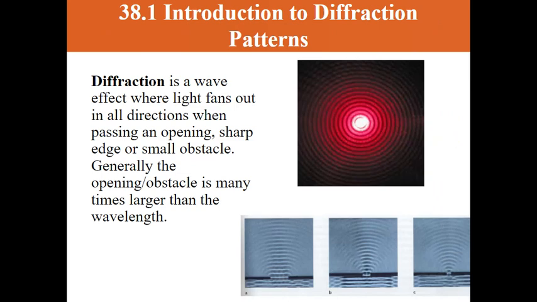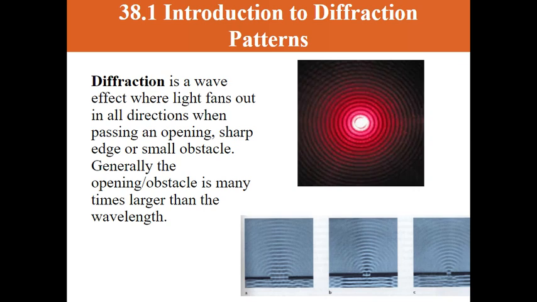So, as we said in chapter 37, diffraction is simply an effect of light, particularly one that can only be explained with light's wave-like nature. And it occurs when light, or other waves, can do this too. Sound waves and ripples in water can also diffract.